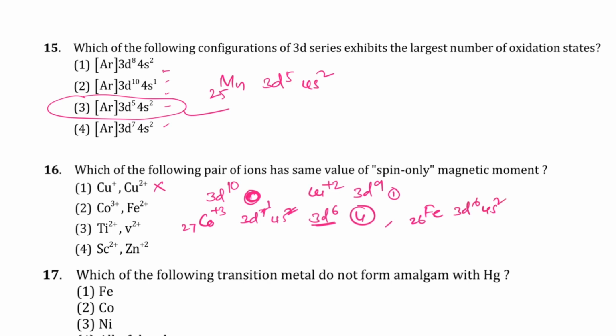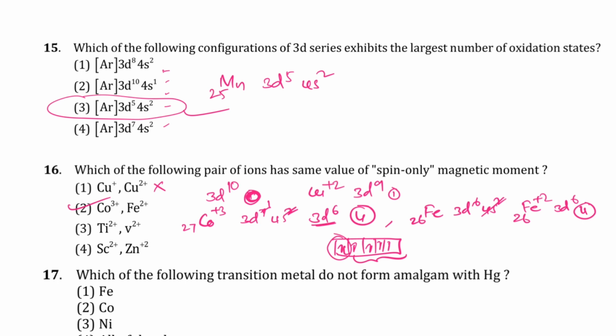For plus 2, the 4s electrons are lost, and this is Fe plus 2, that is 3d6. Here also there are 4 unpaired. If you want to understand like this, 1, 2, 3, 4, 5, 6: how many unpaired electrons are there? 4. This one is paired. Therefore, both have the same number of unpaired electrons, so the second one is the option.